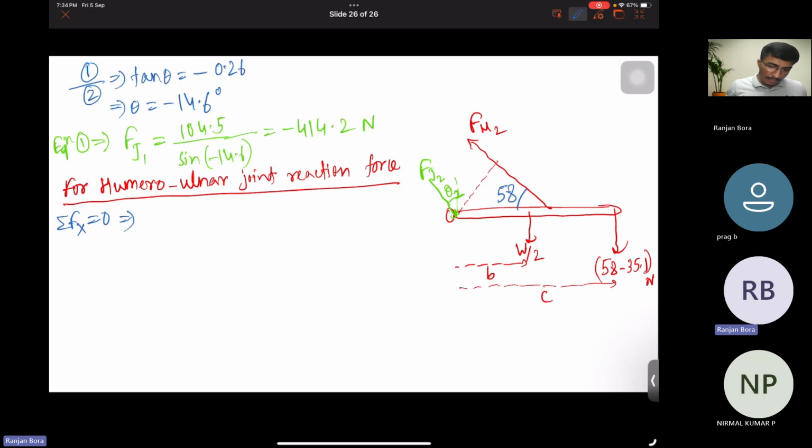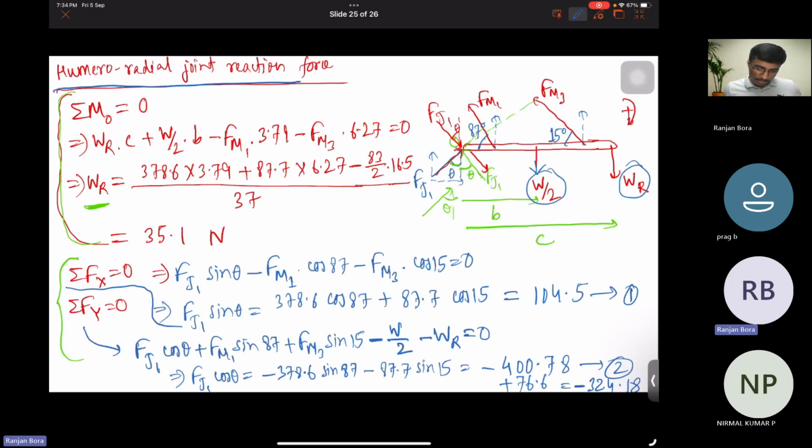Now theta will be something different, so it will be 104.5.